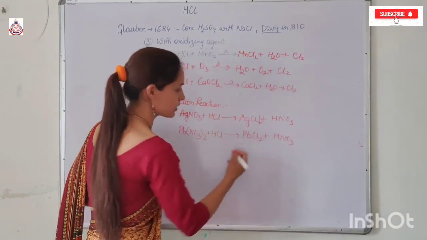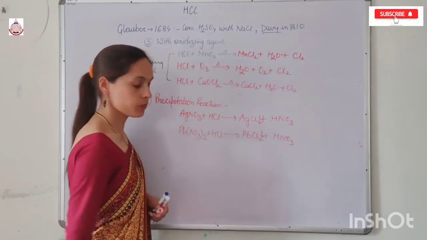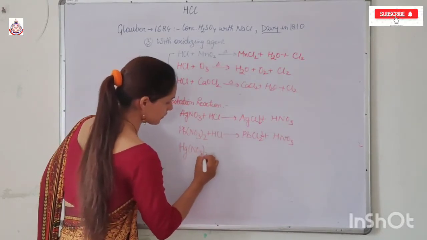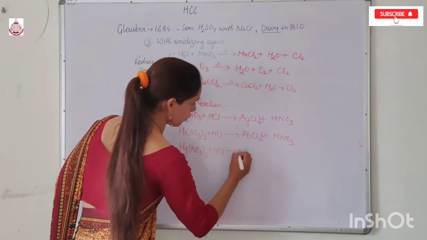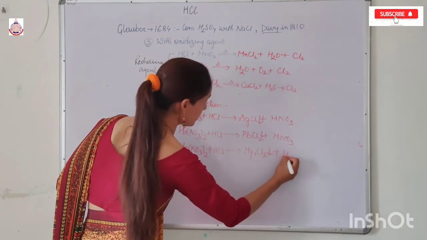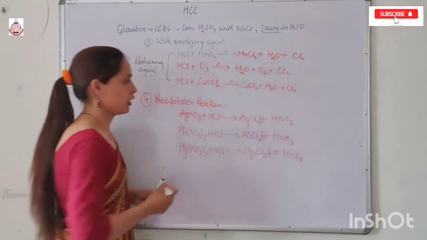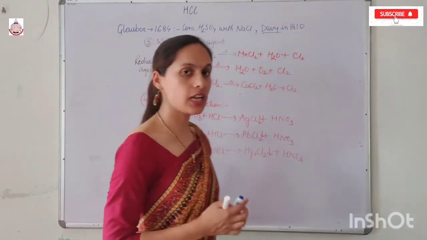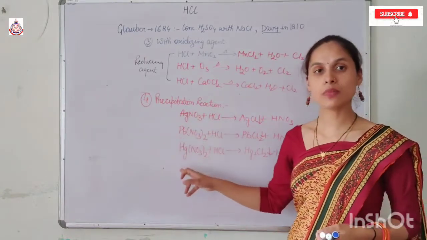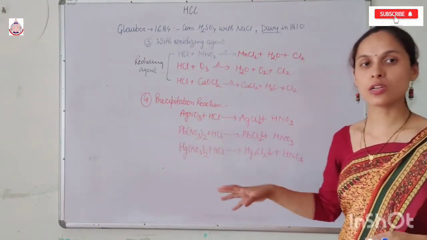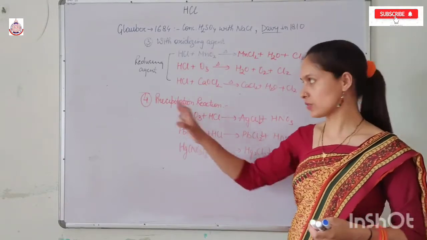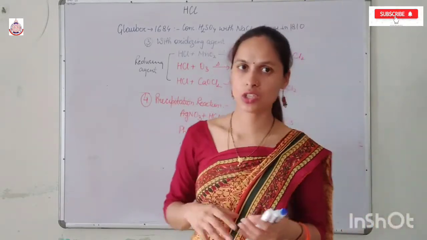This PbCl2 is again a white precipitate. Hg2(NO3)2 reacts with HCl to form Hg2Cl2, which is again a white precipitate, plus HNO3. So HCl reacts with the soluble salts of silver, lead and mercury to form insoluble precipitates. That's why this shows a precipitation reaction.